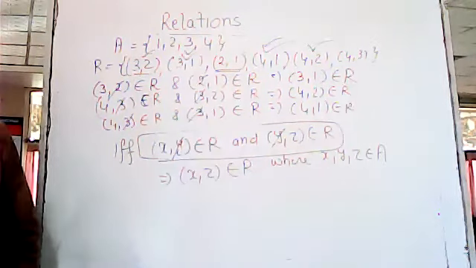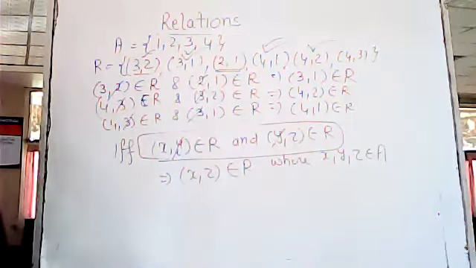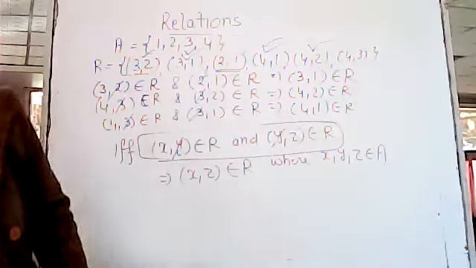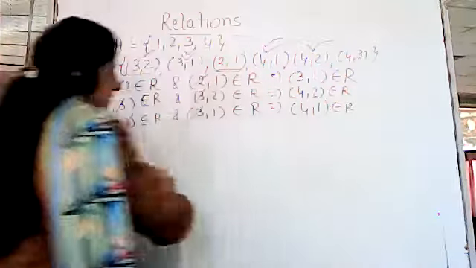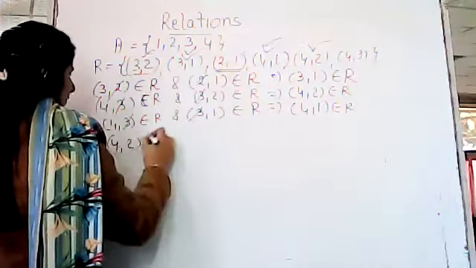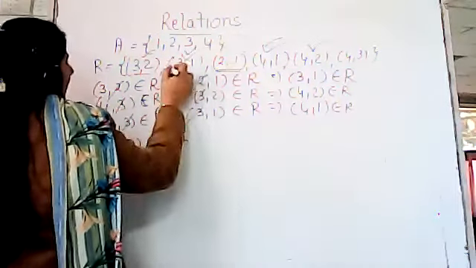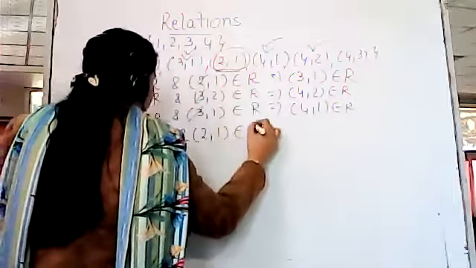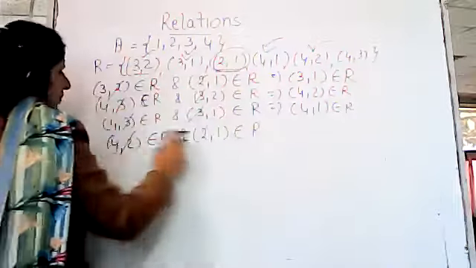Any doubt in it? Yes students, is the definition of transitive relation clear or not? 4, 2 belongs to R, and there exists an ordered pair which starts from 2, that is 2, 1. Leave the common element.